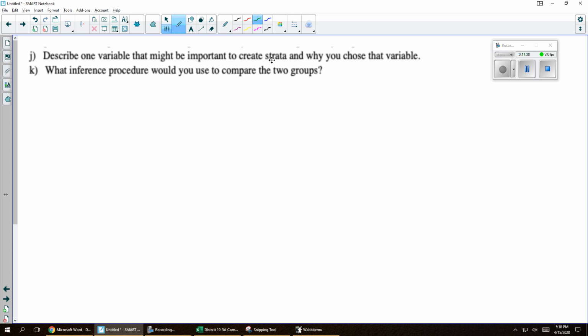If I separate boys and girls, that reduces that variability that's created by the gender differences in caloric consumption. And what inference procedure could I use to compare the two groups? These are means. And so I would use a means procedure on two samples, and I would use a two-sample t-test because I don't know the true standard deviation. I only have the sample standard deviation from my data.